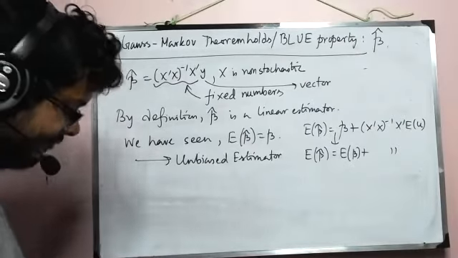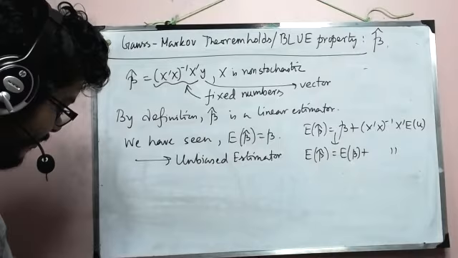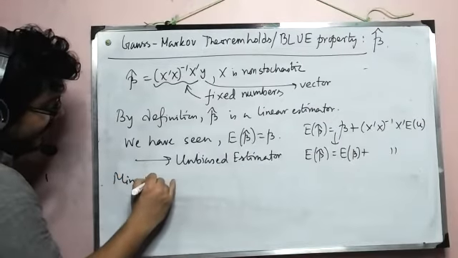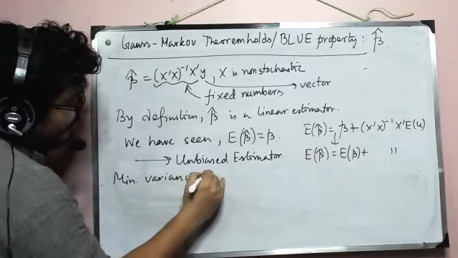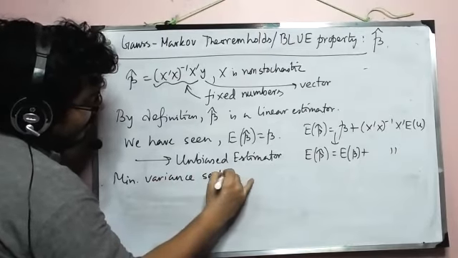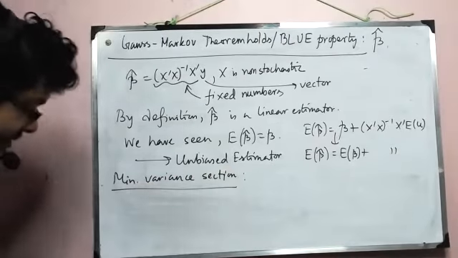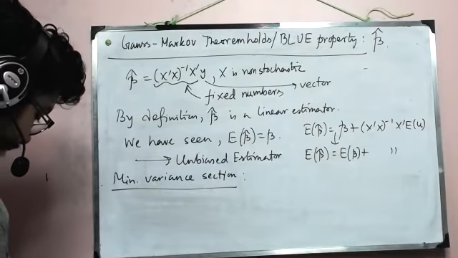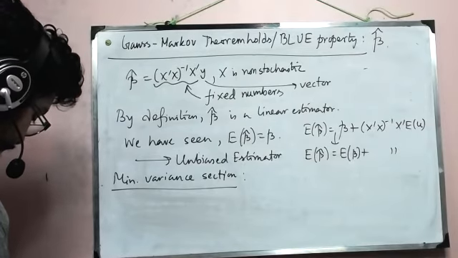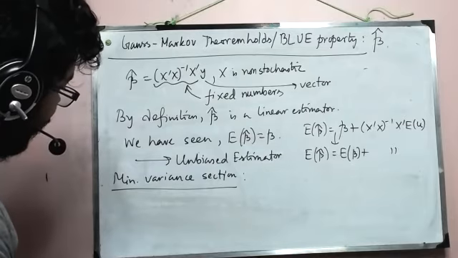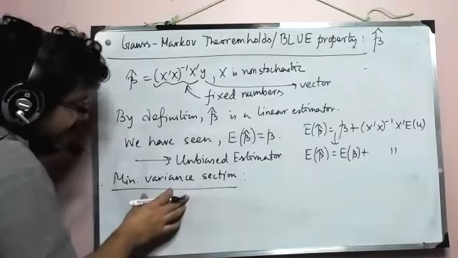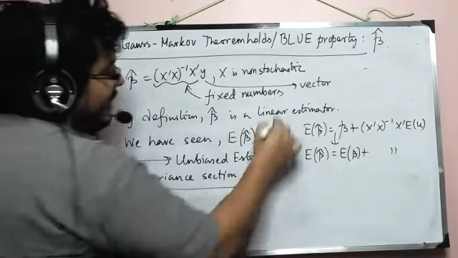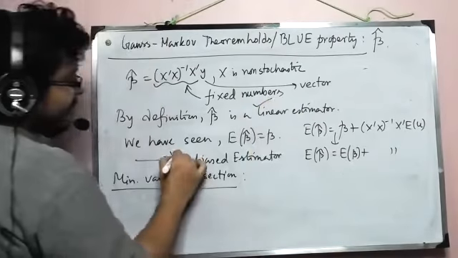So now we're going to look at the minimum variance part. We are showing that beta hat has the minimum variance within the class of linear and unbiased estimators, right?